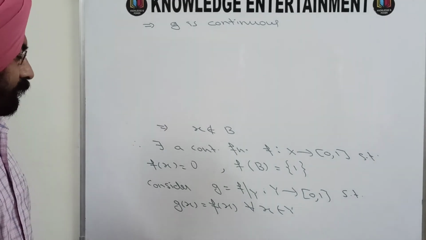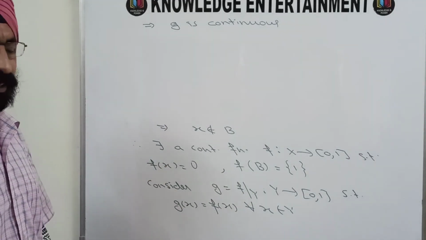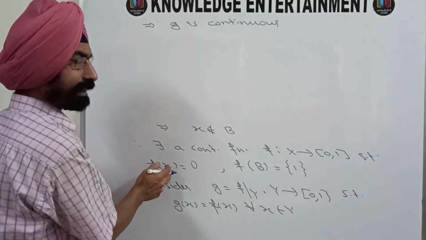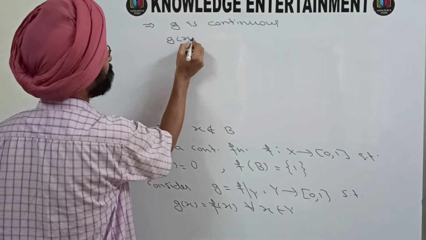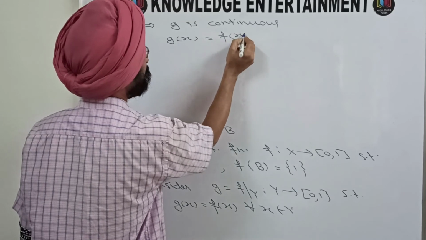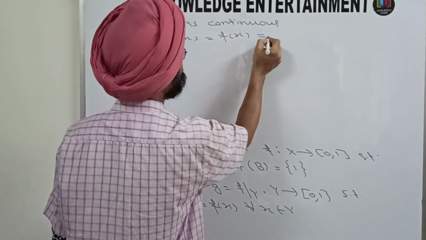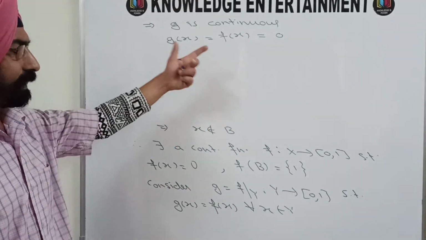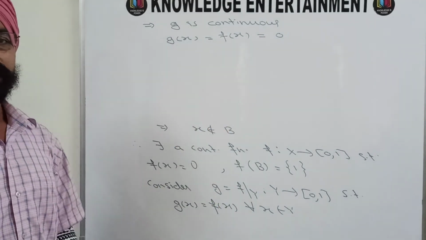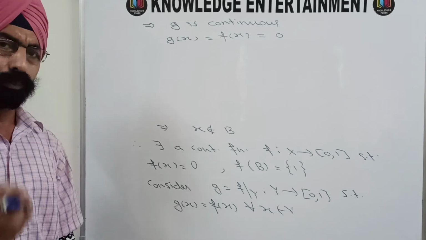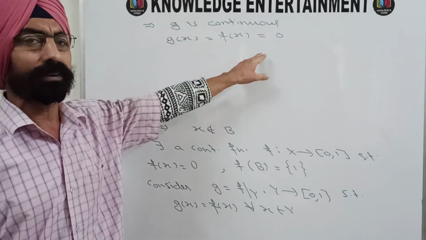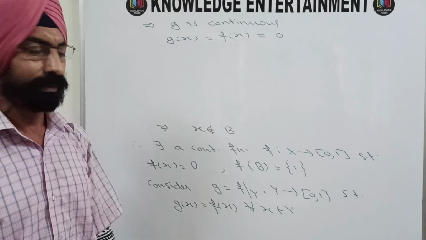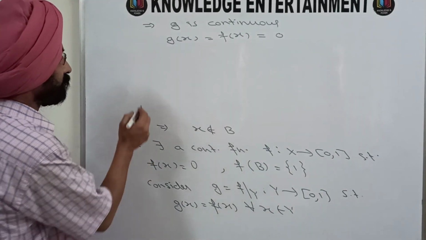Now G of x is F of x, but F of x is 0, so G of x is also 0. G of x is 0 because x is a point of Y, and for every point of Y, G is the same as F, being a restriction of F to Y.